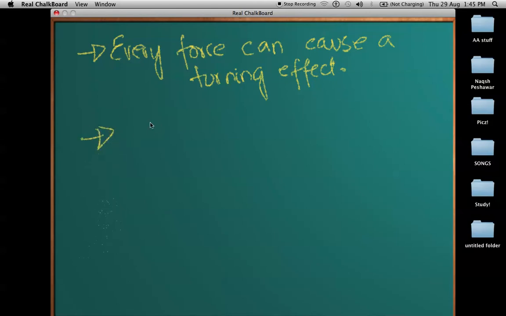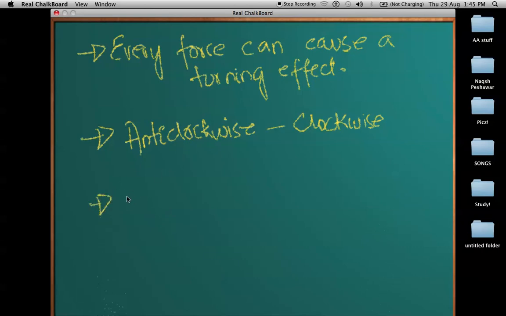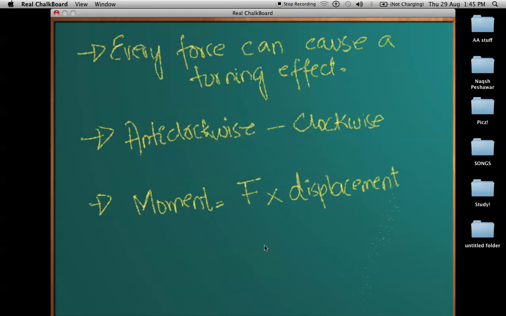Secondly, there are two directions, one of which is the anti-clockwise direction, the other is the clockwise direction, and these directions would be of vital importance, and you'll see this in the next video. And the third thing is that the moment of a force is given by the magnitude of that force times the displacement, which is the perpendicular distance from the pivot.